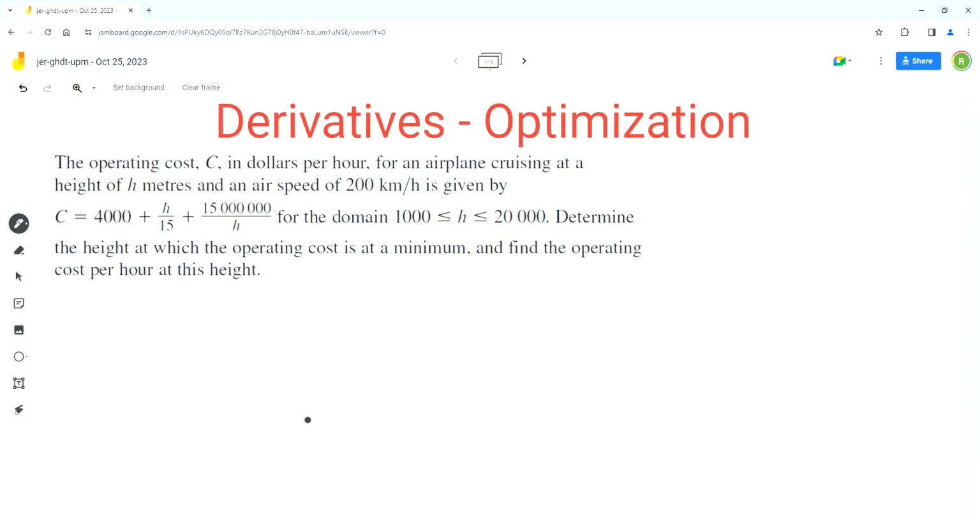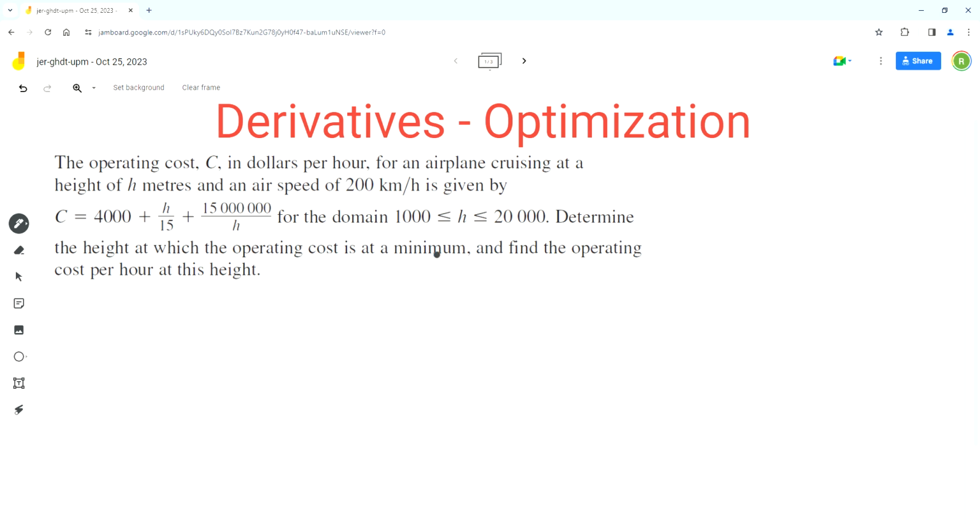So in this video, we'll solve this word problem using the concepts of derivatives. As per the problem, the operating cost C in dollars per hour for an airplane cruising at a height of h meters and an airspeed of 200 kilometers per hour is given by C equals 4000 plus h over 15 plus 15 million over h for the domain that h is between 1000 and 20,000.